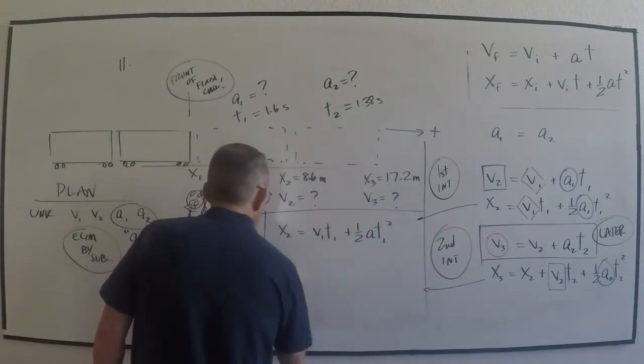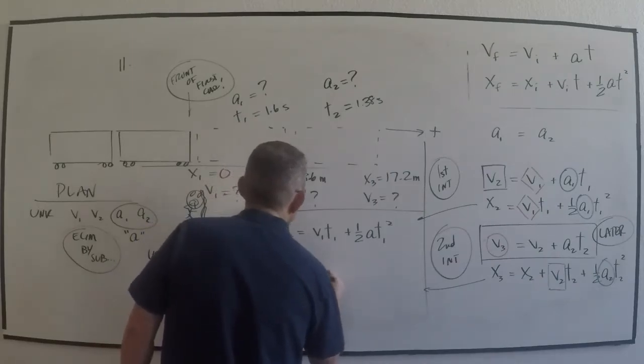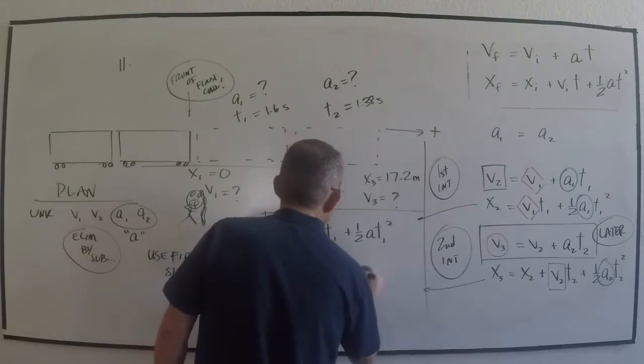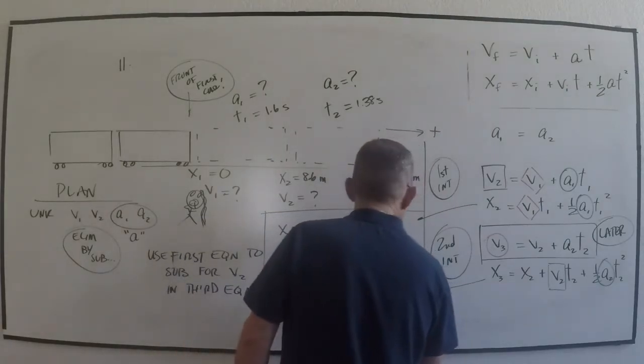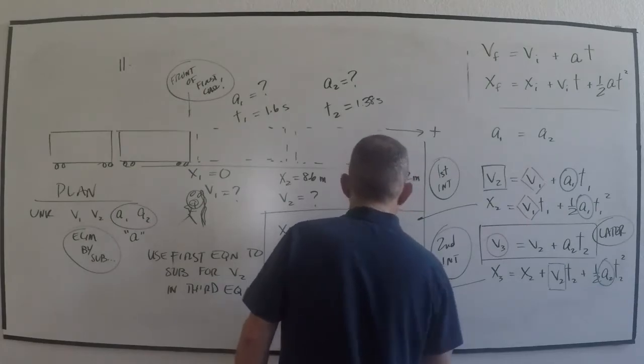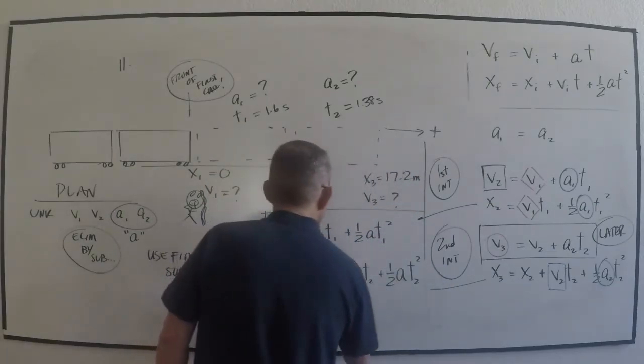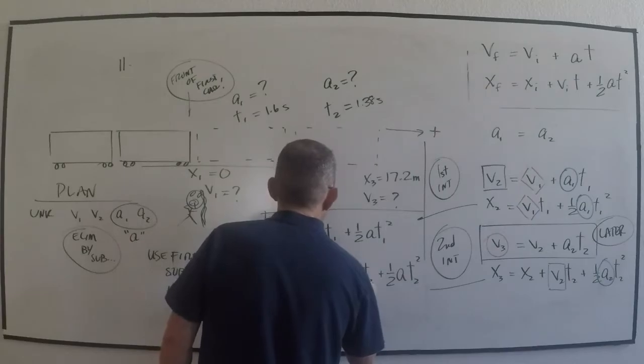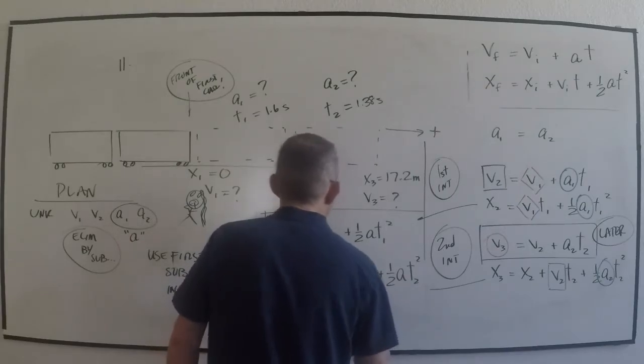It's going to be x3 equals x2 plus, I'm going to leave parentheses, t2 plus 1/2 a t2 squared. What goes in the parentheses? v1 plus a t1.